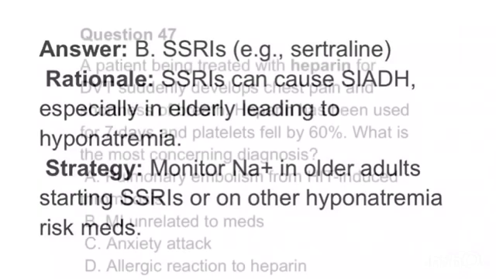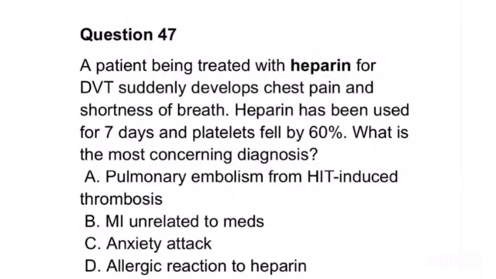Question 47. A patient being treated with heparin for DVT suddenly developed chest pain and shortness of breath. Heparin has been used for 7 days and platelets fell by 60%. What is the most concerning diagnosis? A. Pulmonary embolism from HIT-induced thrombosis. B. MI related to meds.